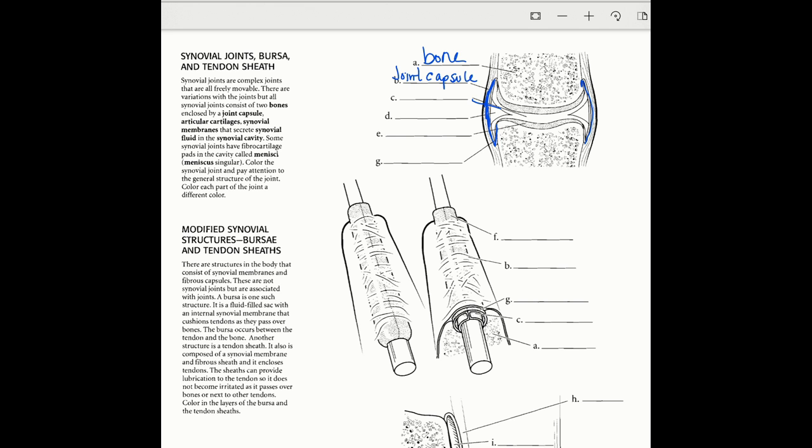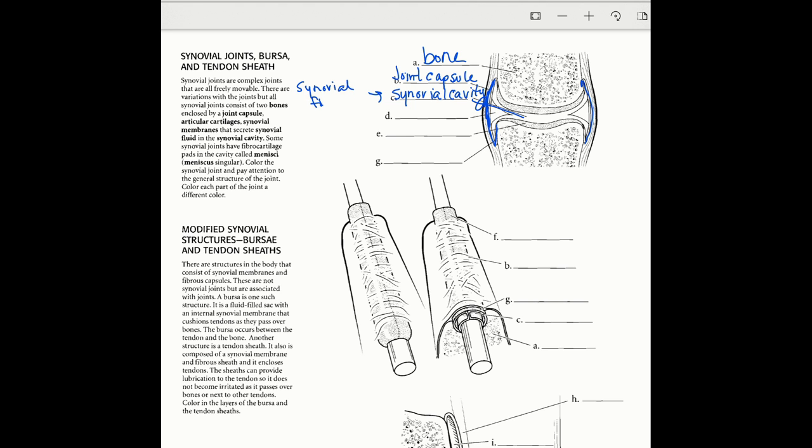In the middle, we need to have a cavity that's going to allow fluid. This is showing our synovial cavity, which is going to fill with synovial fluid.